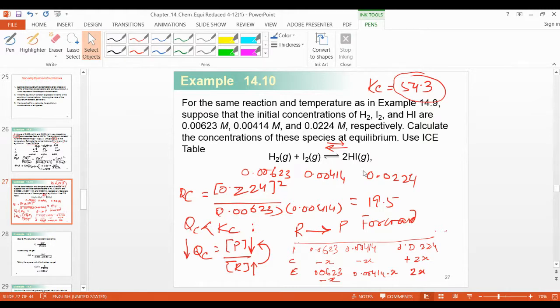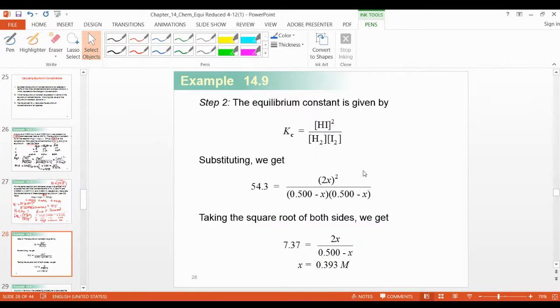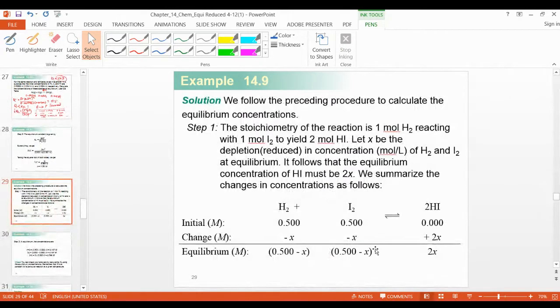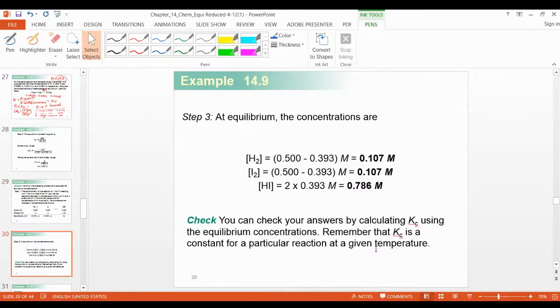You can write a nice table and calculate for x. These two are the same, so you can take a square root and calculate the x value, right? This is the method to determine it.